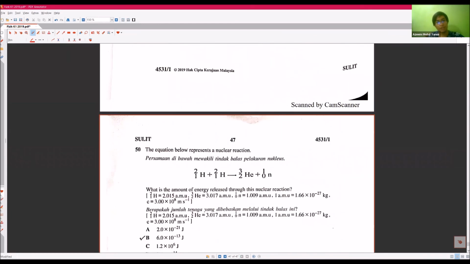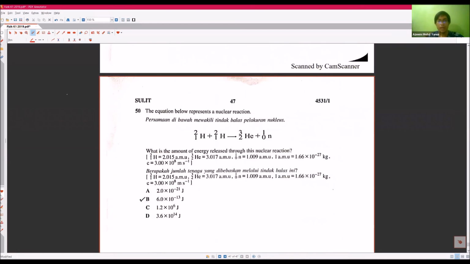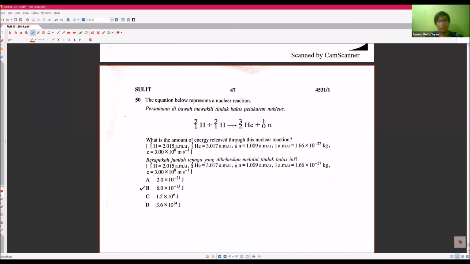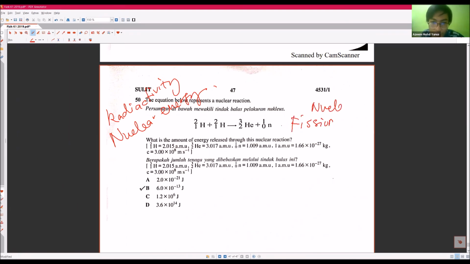50. The equation below represents a nuclear energy reaction. Is it fission? Nuclear fission. Because smaller nuclei combine to form a heavier nucleus.